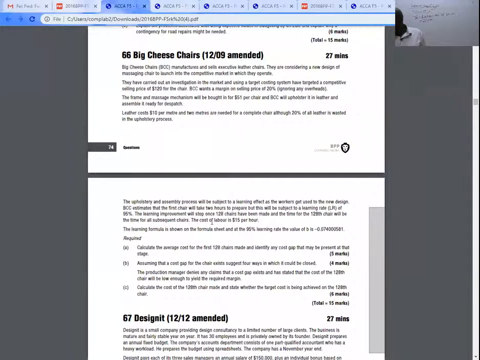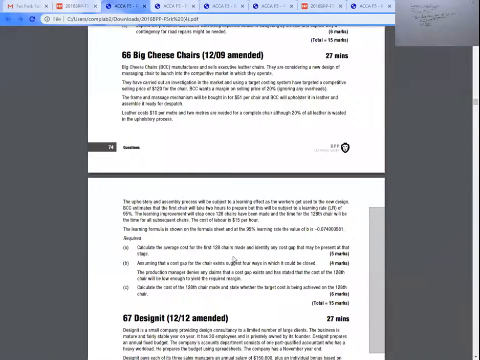It's here. The cost of labor is $15 per hour. So could you kindly take 2 times 15? That will give us 30. So take A to be the labor cost of the first unit, 30.